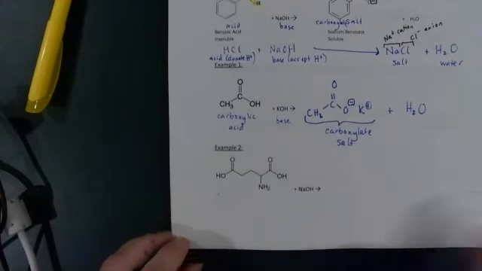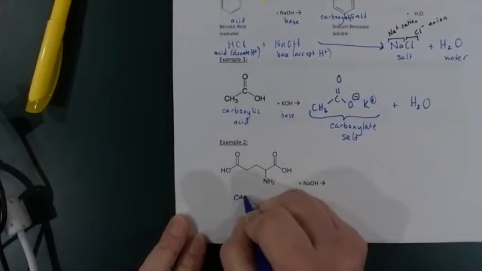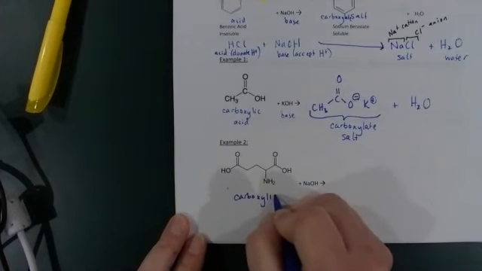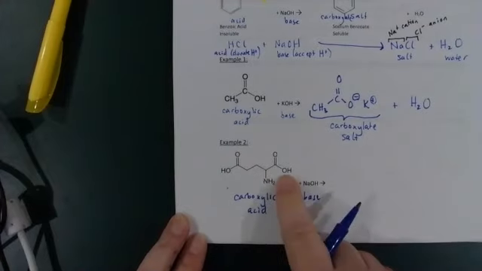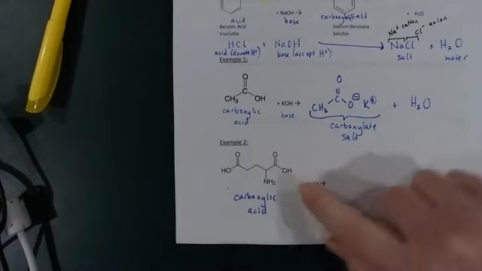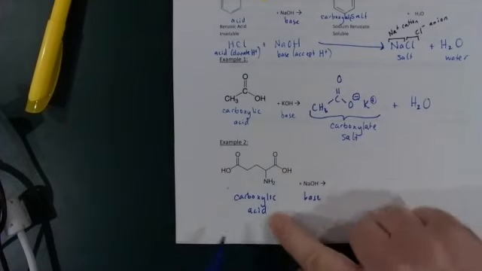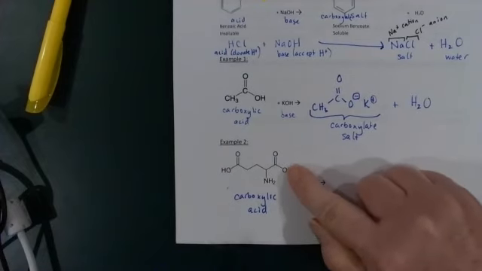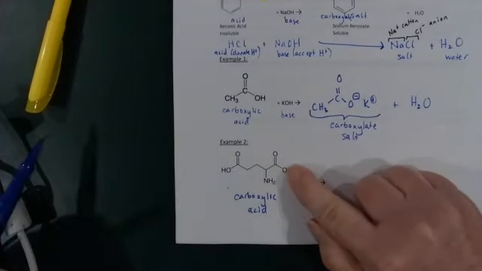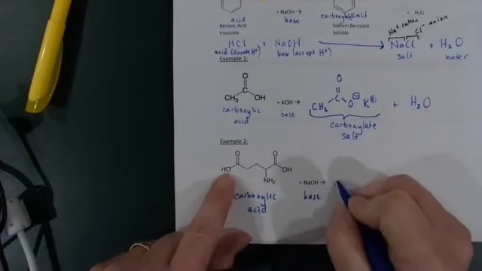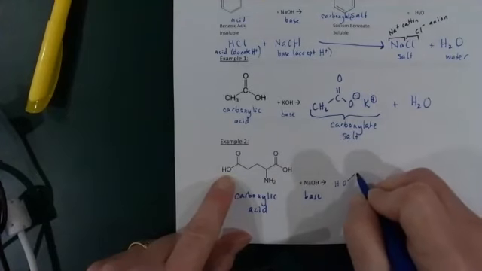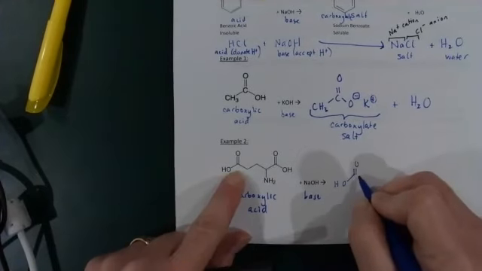The second example, this looks crazy, but we don't worry about that. I see that it's a carboxylic acid, and I see that it's reacting with base, and so then you remind yourself that H plus goes away. Acids donate H plus, so H plus goes away. Everything else is left behind with a negative charge. So it's a little bit tedious to copy, but all we need to do is copy.